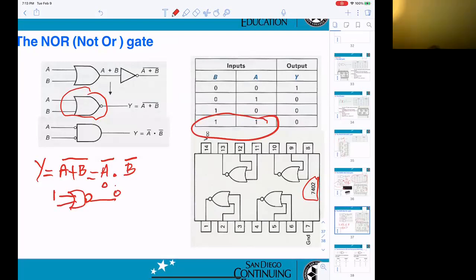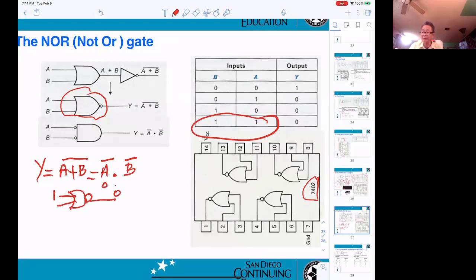If you want the output to be a 1, all inputs must be 0. Okay? Well, say that again, Mr. Pham. You said if you want the output to be 1, then they all got to be 0. You circled the wrong one. No, he said 1.